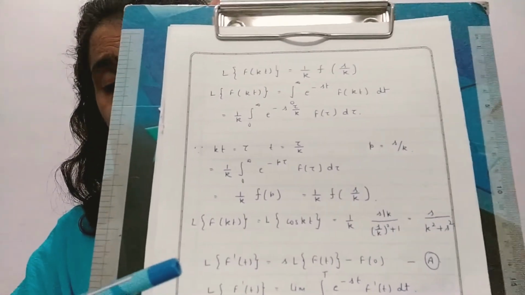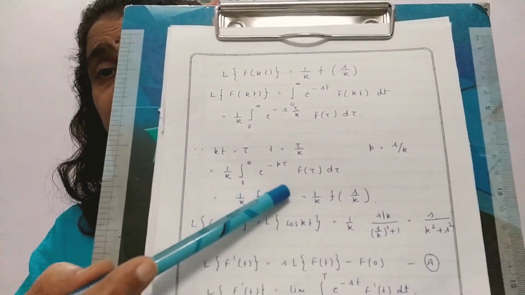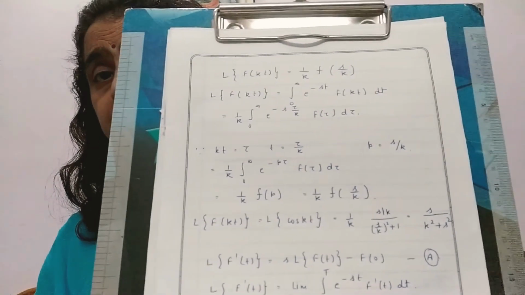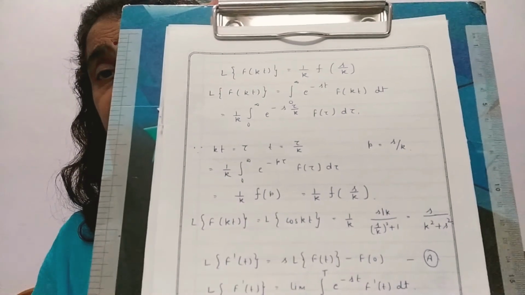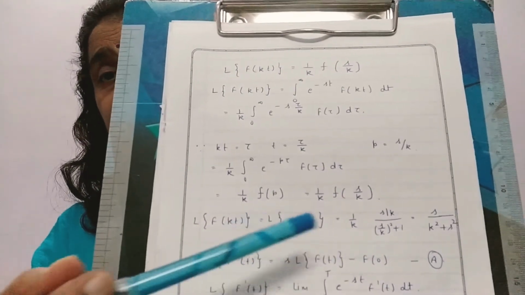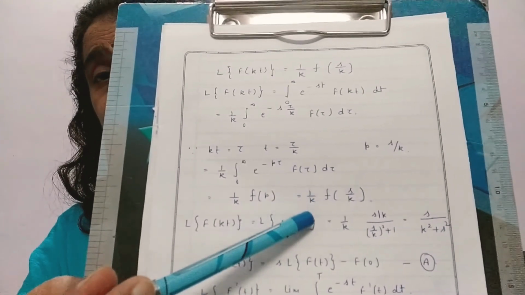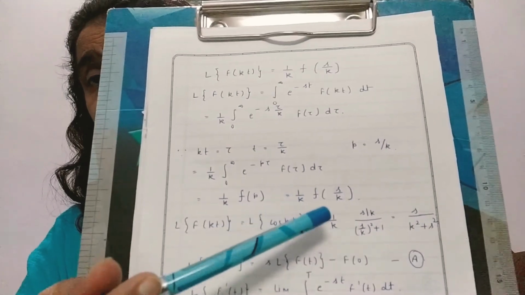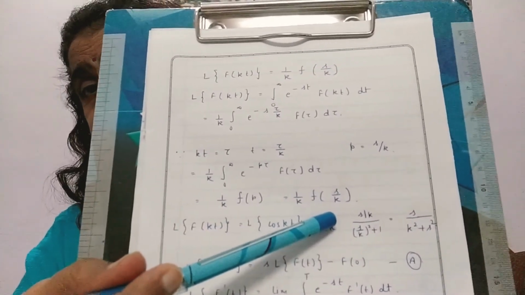Now what we will do, we will resubstitute this value of p from this equation. p is equal to what? s upon k. So this quantity will be equal to 1 upon k times F of s upon k.